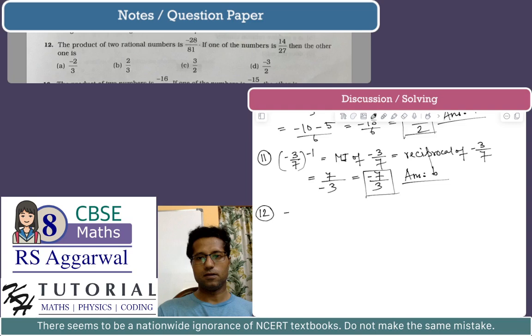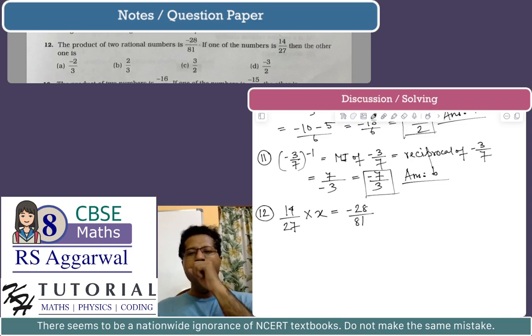So it is given that one number is 14 by 27, and we are considering the other rational number to be x. So the product is given to be equal to minus 28 by 81.